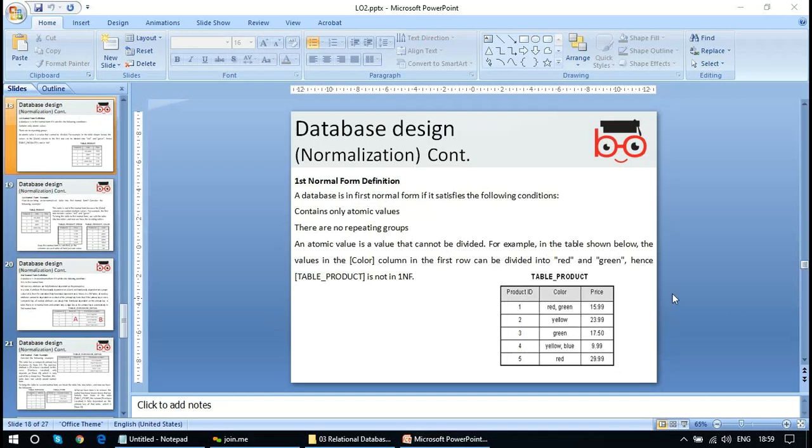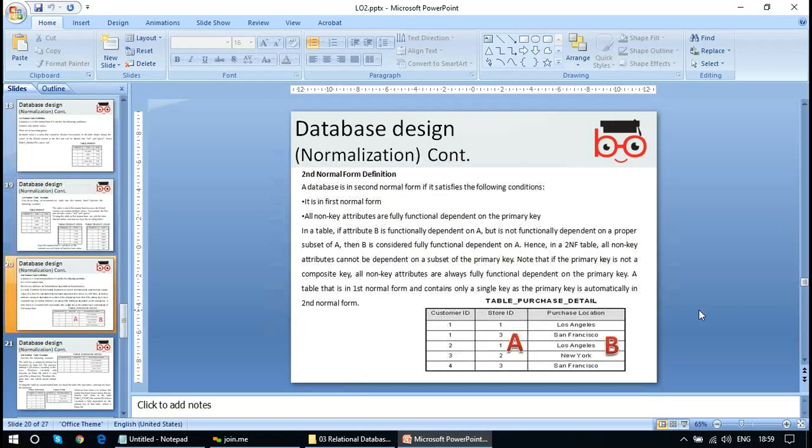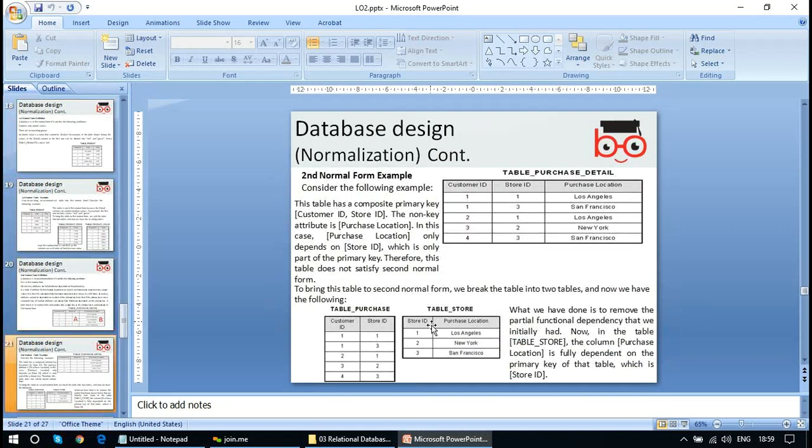What they did is create a store table. They allocated store ID 1, 2, and 3, and the purchase table has the customer ID and the store ID.